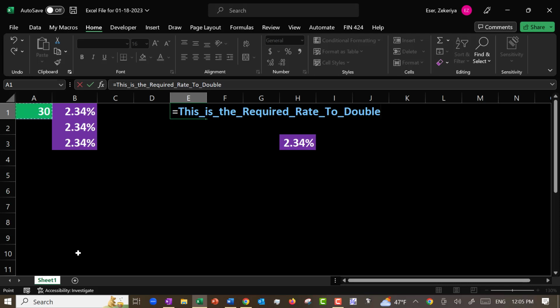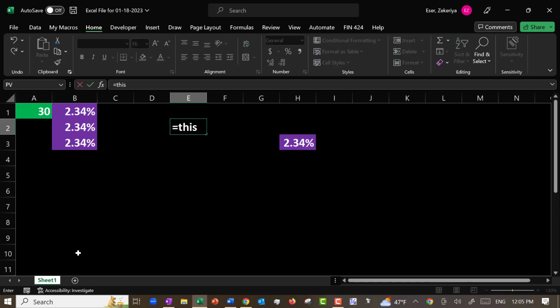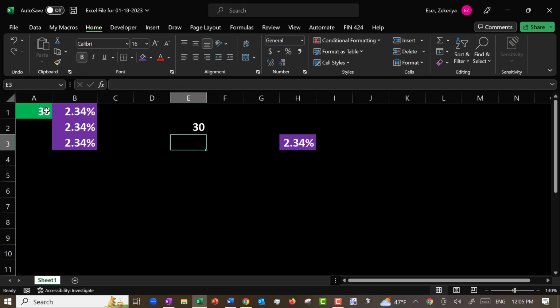Or if you don't remember where it is, actually you do need to remember where it is. That is another absolute reference. Okay?